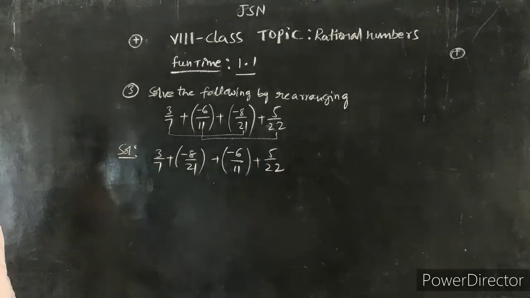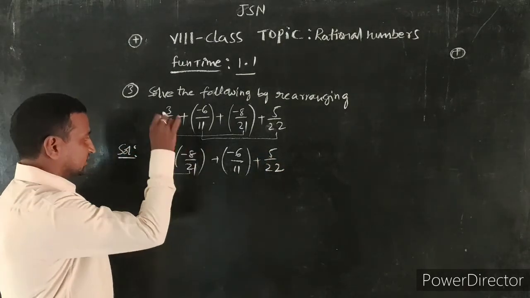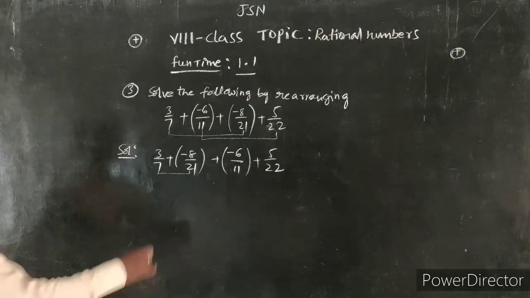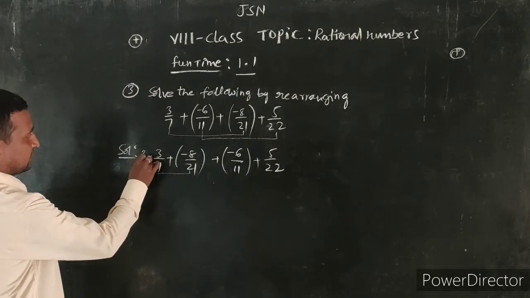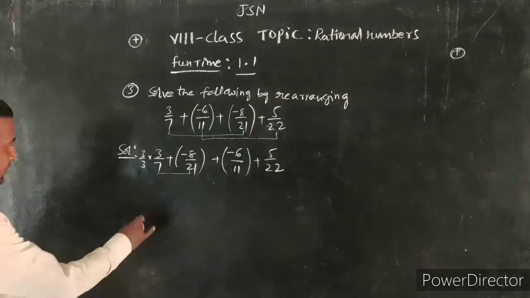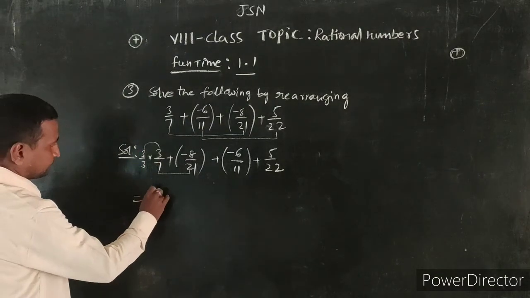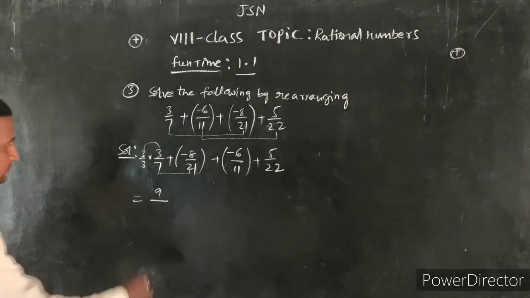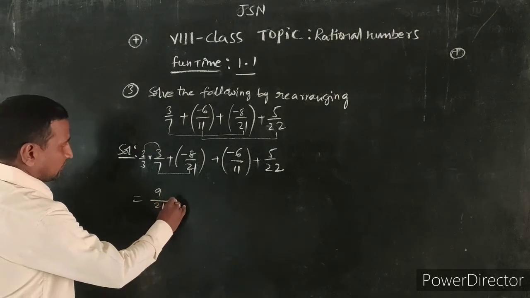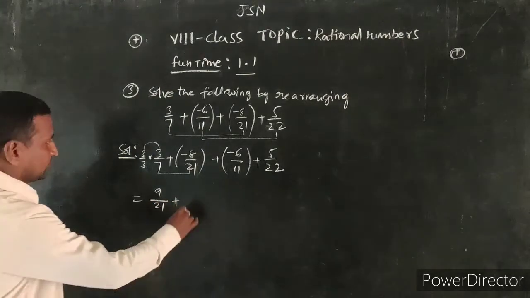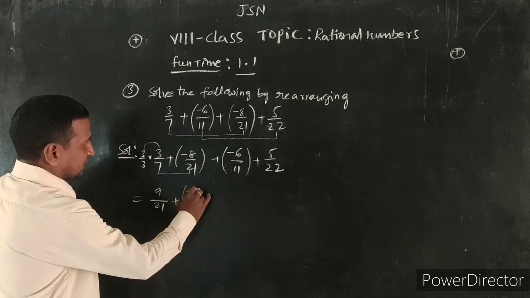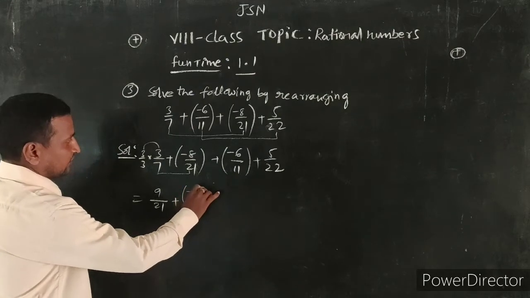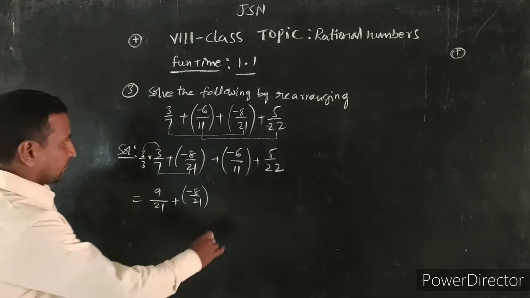Now first find the LCM of these two fractions. The LCM is 21. Multiply the numerator and denominator by 3, so 3 threes are 9 by 21, plus of minus 8 by 21, plus.